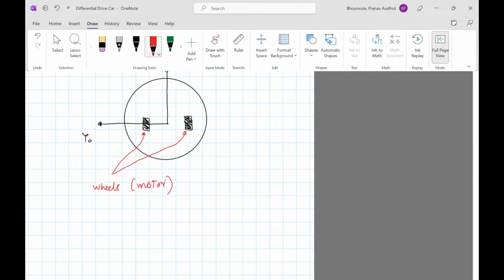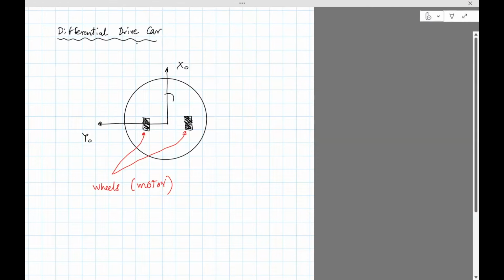So there is a caster somewhere, let's say here. You know what a caster is? If you see some of these rolling chairs, there is a wheel which enables the chair to move in any direction you move it.